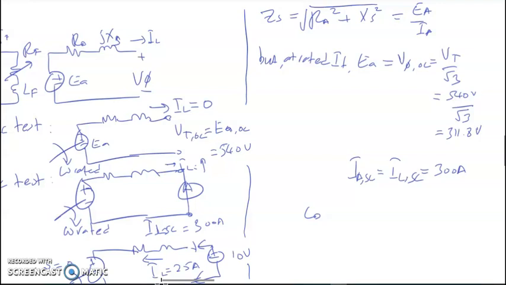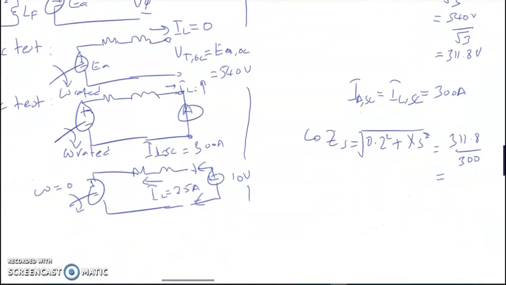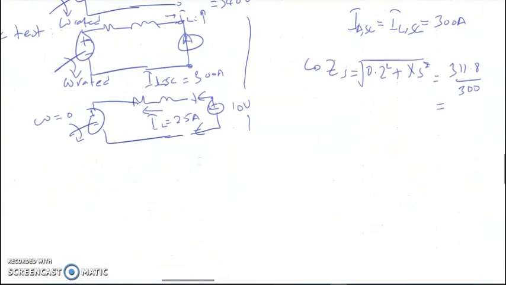So we have our ZS: the square root of (RA plus 0.2) squared plus XS squared equals 311.8 divided by 300. So we put the numbers into the equation. We solve for XS: 0.2, so it becomes 0.4 plus XS squared equal to 1.08.